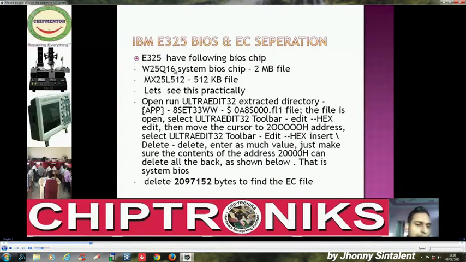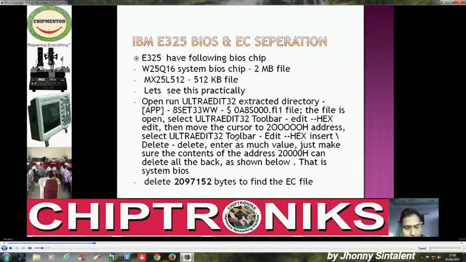Q16 means it will have a 2 MB file, when you divide it by 8 in the W-like format. The required file is 2 MB, while it has an EC BIOS MX25L512, and it will require a 512 KB of EC data.